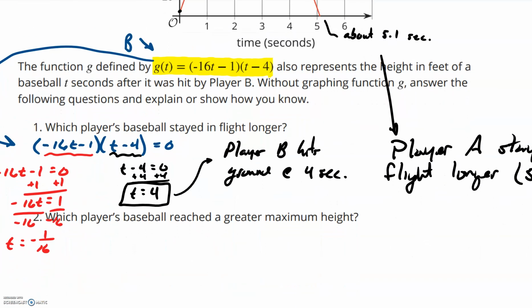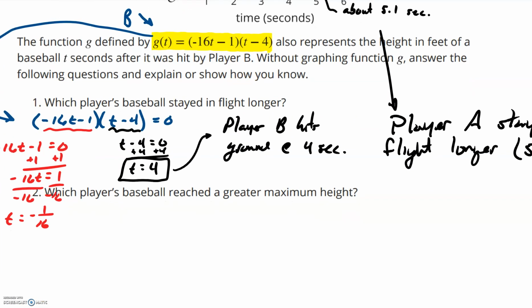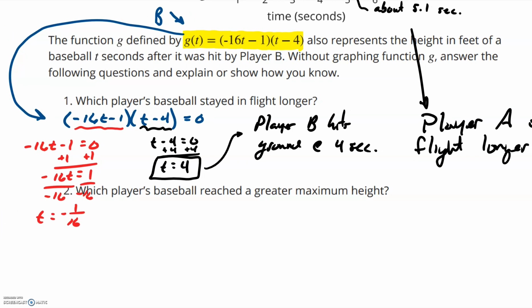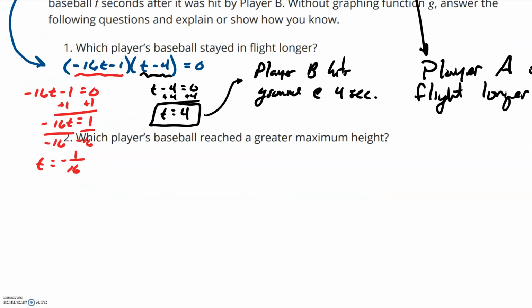So we're wondering, what's the maximum height for player B? Well, we can figure that out by finding the y value for the vertex algebraically. So we have these two x-intercepts.